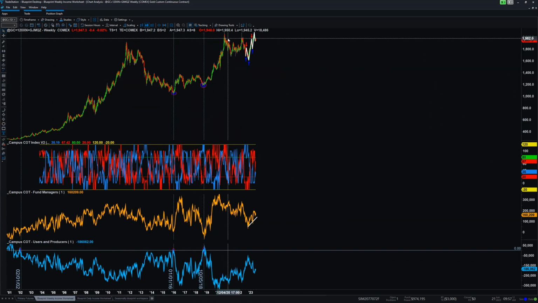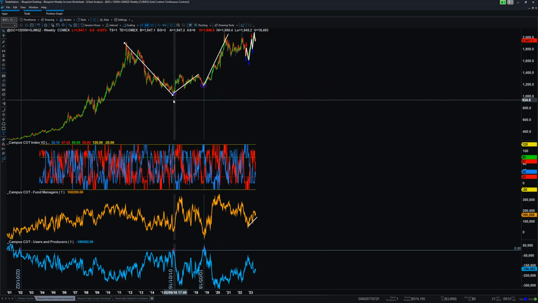that have manifested. So if you ask yourself what created these multi-year bull markets in gold after this multi-year bear market, the only bear market in gold ever to have existed, it is when the commercials go net long.